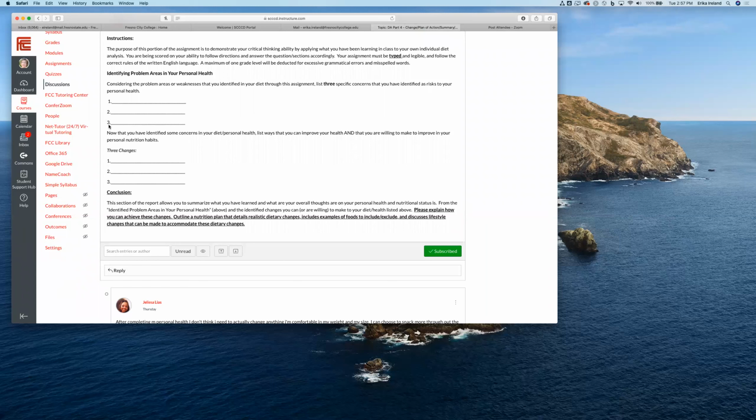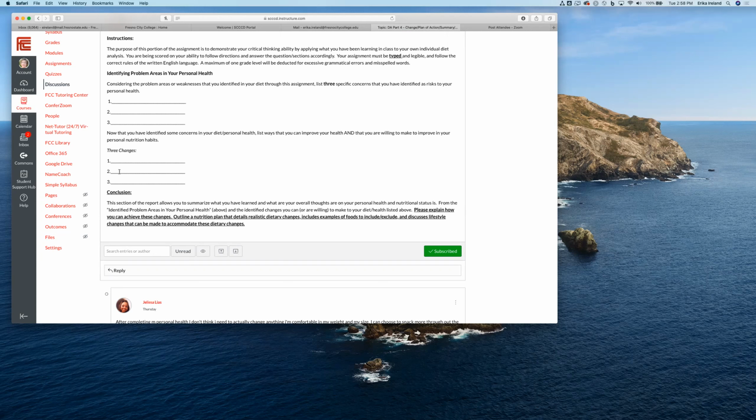If I went again with being over in fats and carbohydrates from my acceptable macronutrient distribution range, my first one here might be about limiting my processed foods like refined sugars and increasing fruits and vegetables instead. So saying, okay, I shouldn't be eating as much processed refined sugar, and I should get it naturally from fruits and vegetables. Or limiting my fast food intake would be another one that I could work in right there.